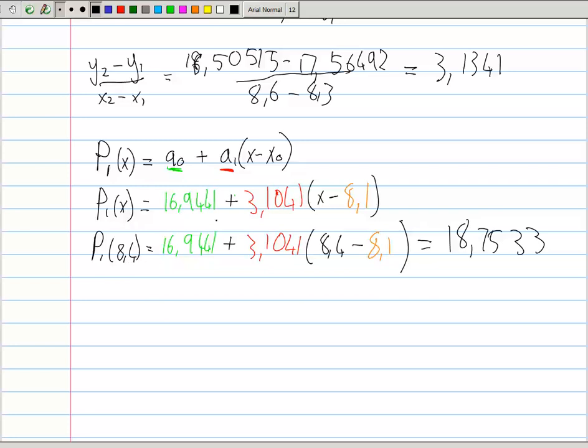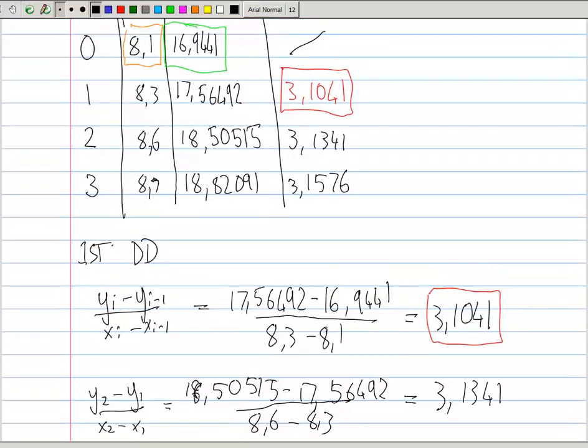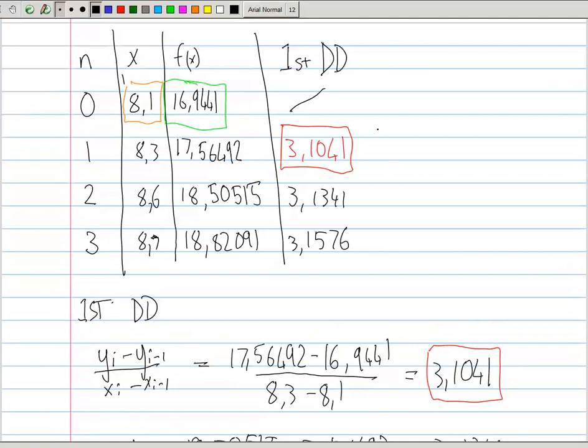Now, similarly, we now want to work out our second divided difference to get our second degree formula. So we've worked out our first divided difference. Let's put a line. Now we want second dd. Once again, we'll be following the same sort of step. This time we're not looking at the f of x, we're looking at the first divided difference. So we're going to take this term minus the term above, divided by the difference in x.